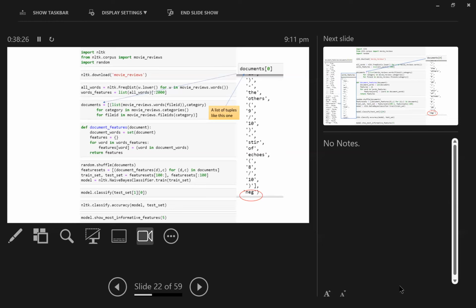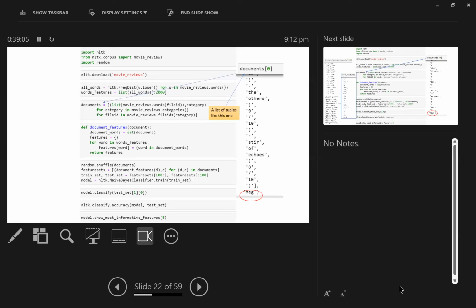Basically, the movie review data set is divided into categories, and as a matter of fact, there are two categories, positive or negative. Okay, POS and NEG. For each category, it will give us file IDs that will be used to access all the critics, one by one.